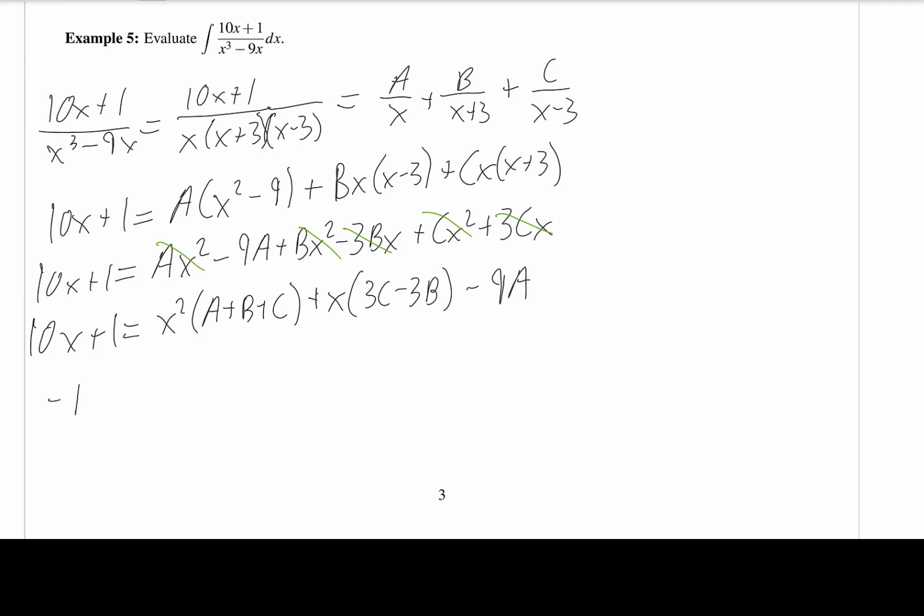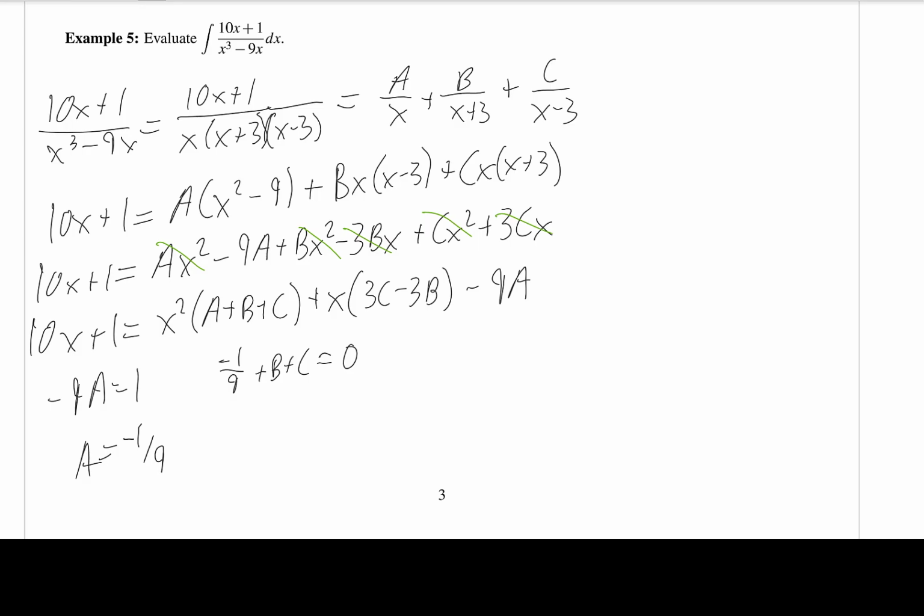So it tells me that negative 9a is equal to 1, which means that a is equal to negative 1/9. Then I'll have a plus b plus c, so it's negative 1/9 plus b plus c is equal to 0, because the coefficient of x squared on the left-hand side would be 0.